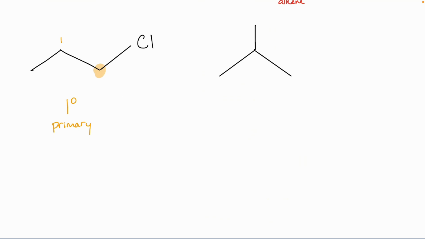Okay, again, that chlorine, that halogen, it can only have one bond, so I'm not looking at how many carbons the chlorine is bound to. I'm looking at the base and counting how many carbon neighbors that carbon has. So this has 2. This would be a secondary alkyl halide.